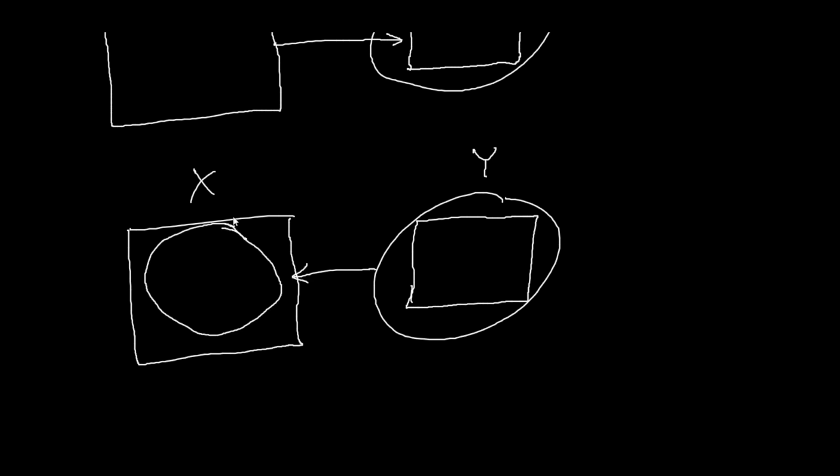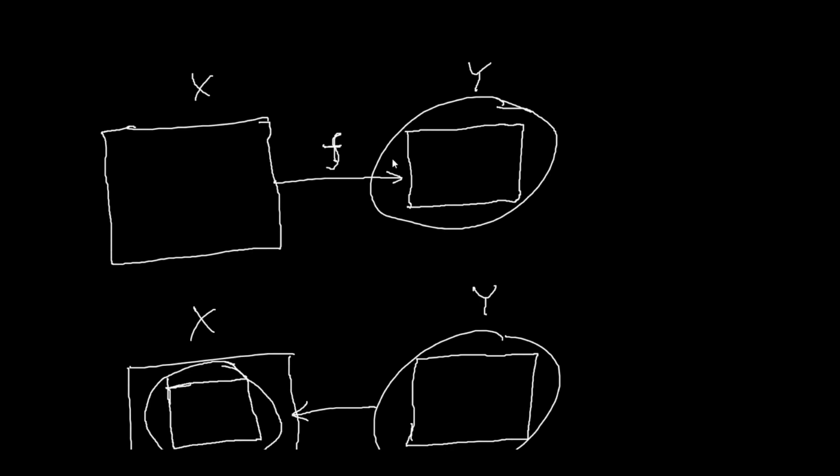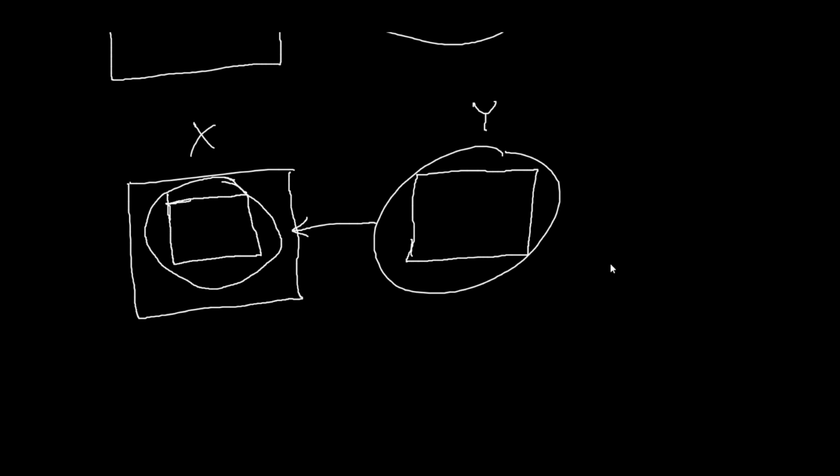But now we know the square X is embedded in the circle Y, so there's going to be a sub-embedding of the square inside the embedded circle, like this. And we can see, in this case, f of x is a subset of y. And in this case, this is done by the function g of f of x, which is a subset of x.